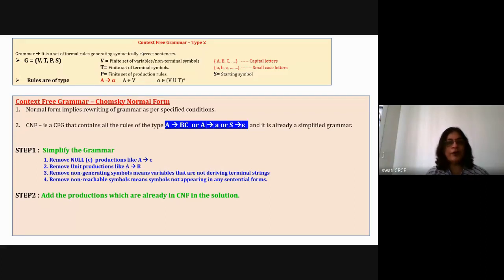And it is a group of four elements, that is V, T, P, S, where V is the set of variables, T is the set of terminal symbols, P is a set of production rules, and S is in capital letter, that is a variable, and it is the starting symbol. We always start from the starting symbol when we have to derive a word belonging to the language. And the rules contain this type of structure: the left hand side is a single variable and the right hand side is a group of variables and terminal symbols.